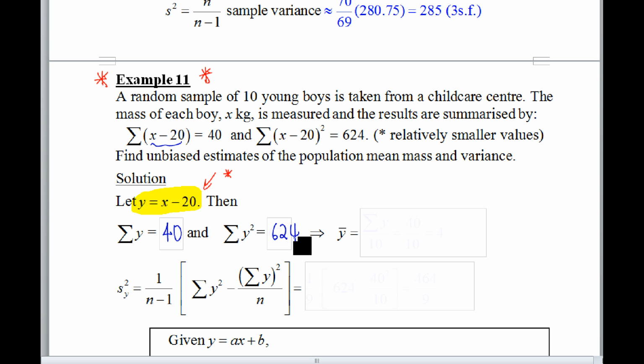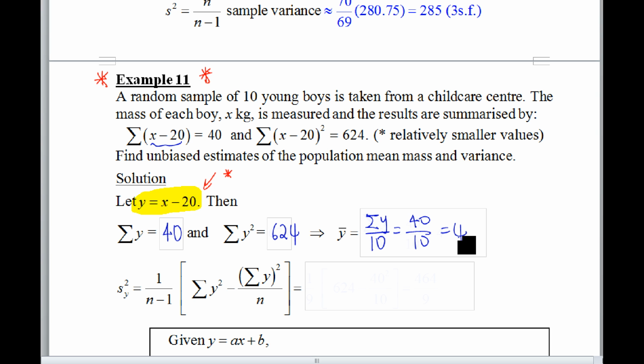Then can you find what is y bar? Actually, y bar can be easily found. Y bar is now summation y over 10, which is equals to 40 over 10, which is 4. Now, if they give me summation y squared, I can also find the unbiased estimate of the variance of y.